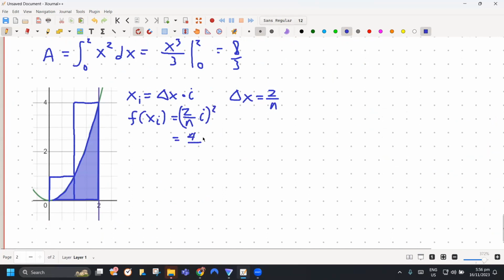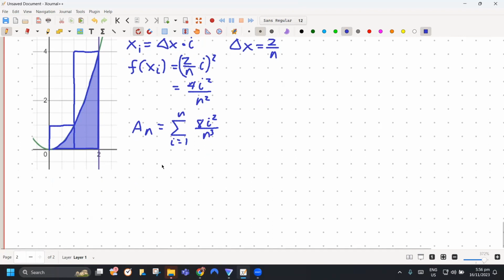So, 4 over n, times 2 is 8, i squared and cube. Tada! So, it's so simple actually. 8 over n cube.